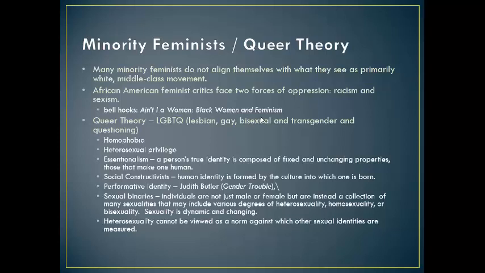The idea of essentialism is the belief that a person's true identity is composed of fixed and unchanging properties, those that make one human. So when you are born a woman or a man, you are born with certain fixed things that do not change no matter what happens to you in your life. Social constructionists believe human identity is formed by the culture into which one is born.